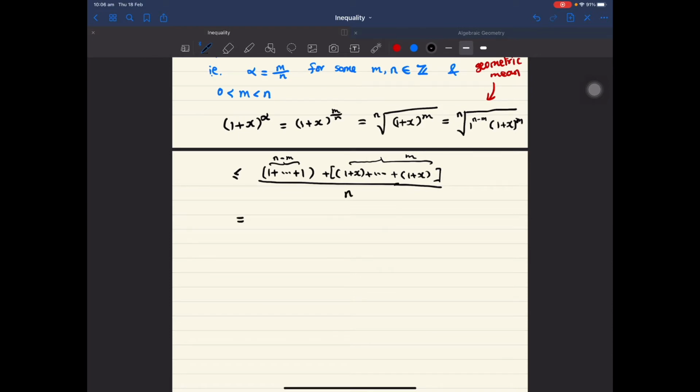So that is equal to n minus m plus m times (1 plus x), over n, and that gives us n plus mx over n, and that's exactly 1 plus m over n times x. Remember that we let alpha equal m over n, so it's equal to 1 plus alpha x. That is what we want in the rational case.